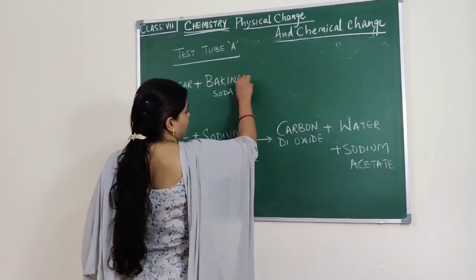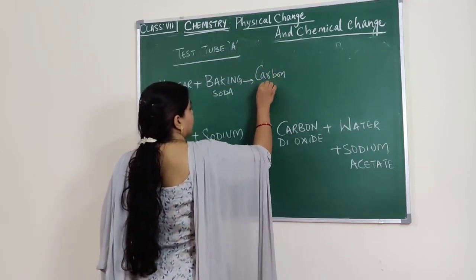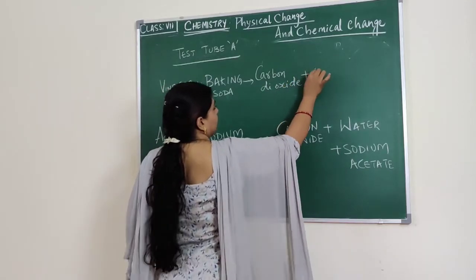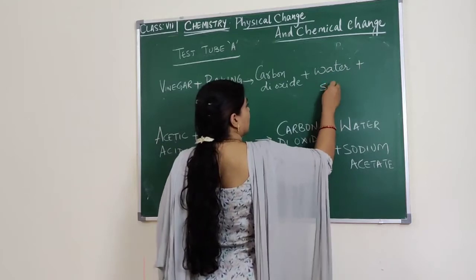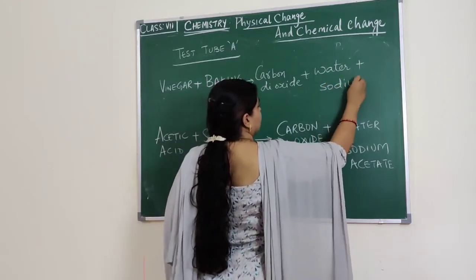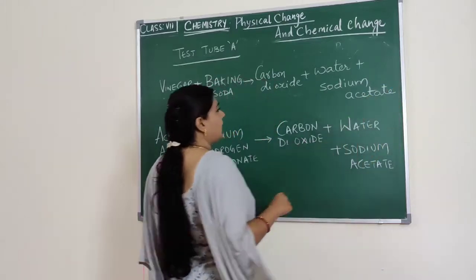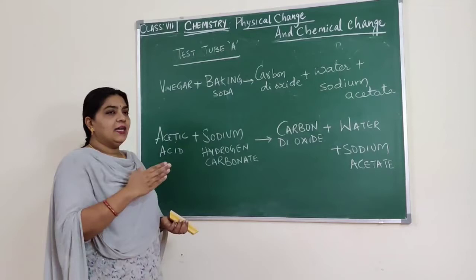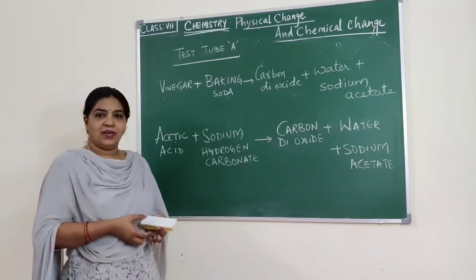Same thing here also. I am just writing to make you understand. Carbon dioxide plus water plus sodium acetate. So this is what happens in test tube A. Vinegar plus baking soda gives carbon dioxide plus water and sodium acetate.